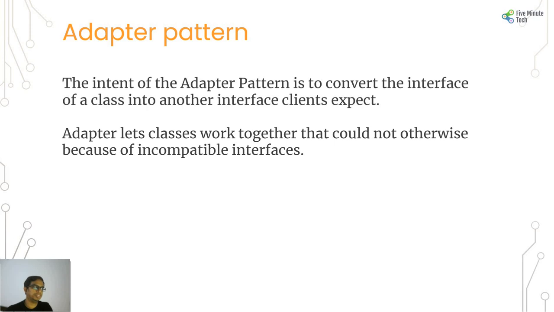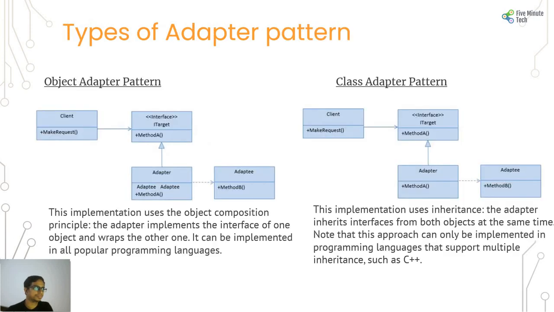The adapter pattern's intent is to convert the interface of a class into another interface which the client expects. Adapter lets classes work together that could not otherwise because of incompatible interfaces. There are different types of adapter patterns: the object adapter pattern and the class adapter pattern. The difference between them is basically the object which is saved at the adapter level.